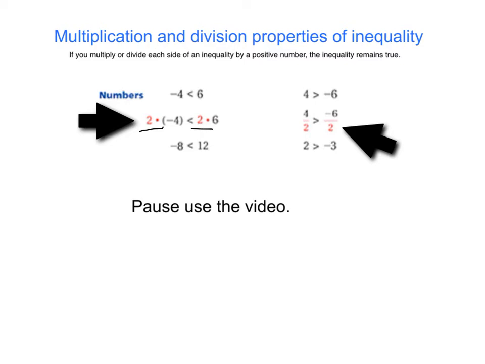For 4 is greater than negative 6, if I divide both sides by 2, then you're left with 4 divided by 2 is 2, negative 6 divided by 2 is negative 3, and 2 is greater than negative 3. Pause the video and copy what you see.